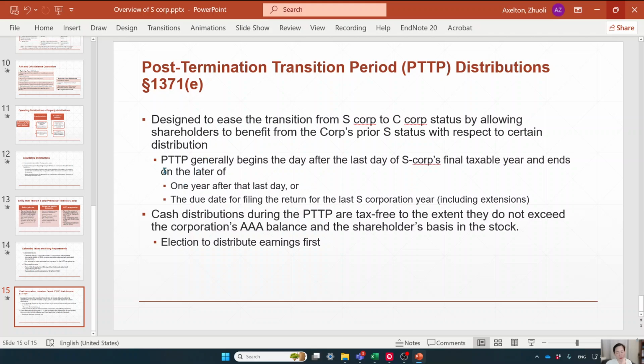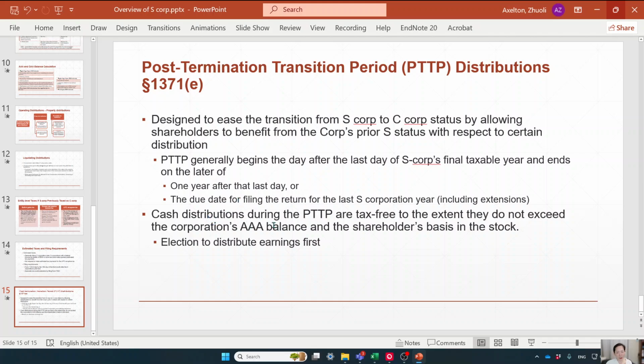Generally speaking, the PTTP, the post-termination transition period, begins on the day after the last day of the S corp's final taxable year, and ends on the later of 1 year after that last day, or the due date for filing the return for the last S corporation year. So the PTTP could be more than a year.